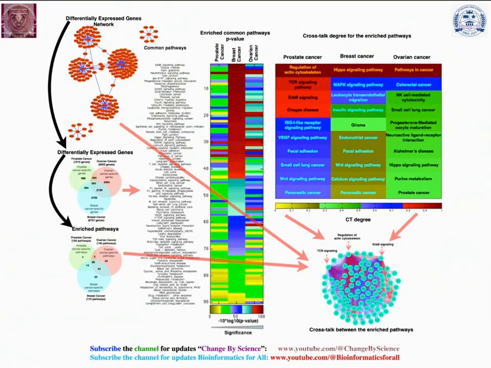Here you can see in the middle, this is, for example, enriched common pathways. Here are the p-values, which are used for all the pathways. But you can think similarly for all the genes also, with their gene expression values and fold changes. P-values may not be that impactful to show in the heat map for differentially expressed genes when you are showing gene expression values and fold changes simultaneously.